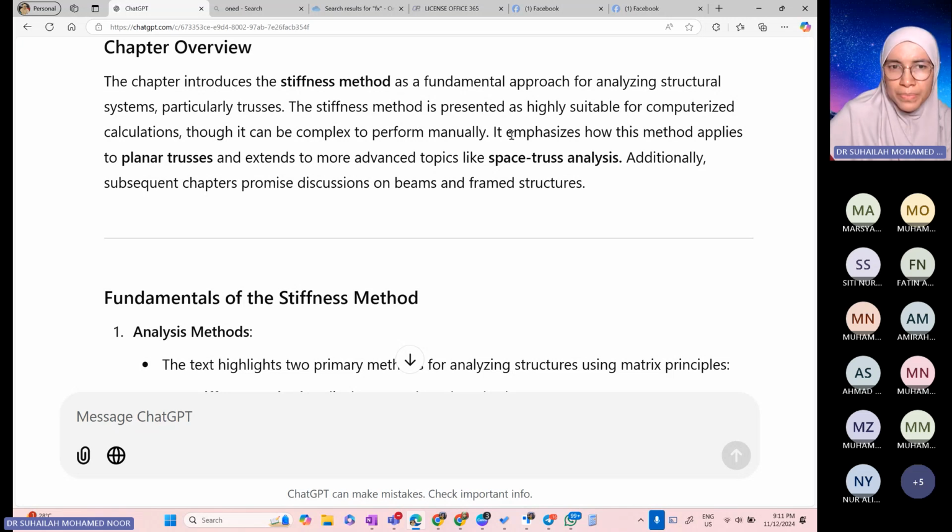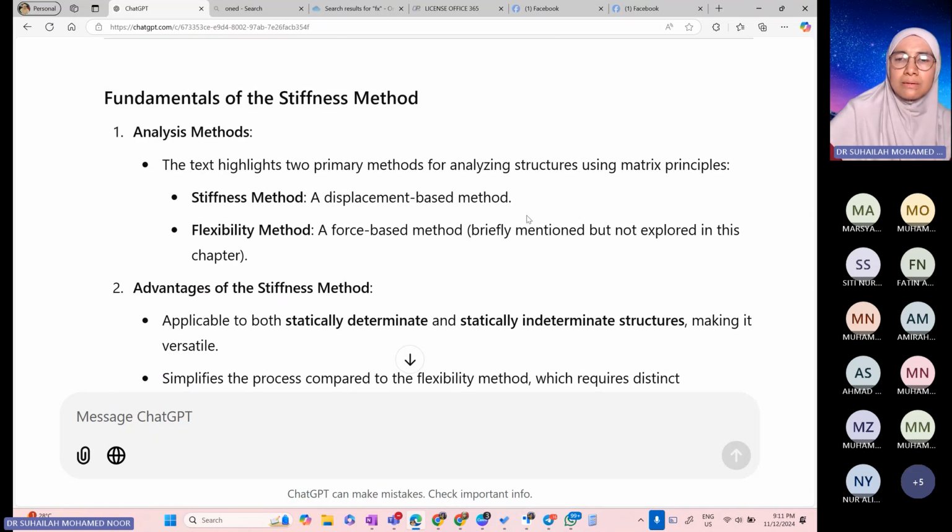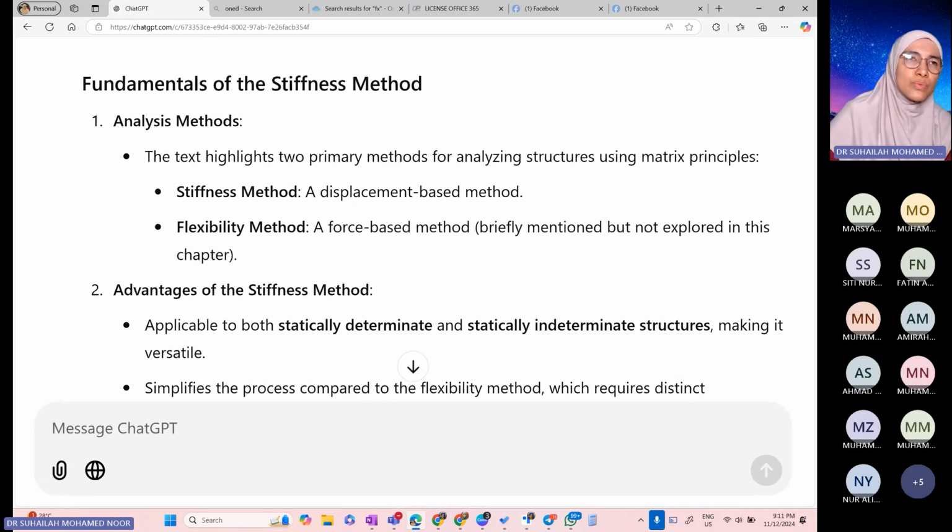The chapter overview: we look at the fundamentals of stiffness method. When we learn stiffness method, there will be a comparison with flexibility method, because the words themselves, stiff versus flexible, are opposites.